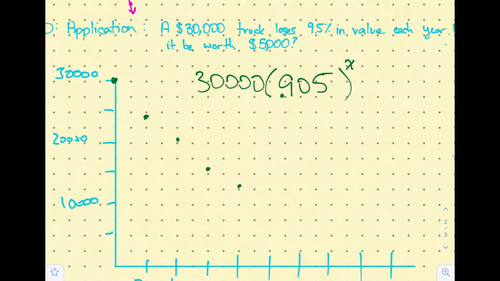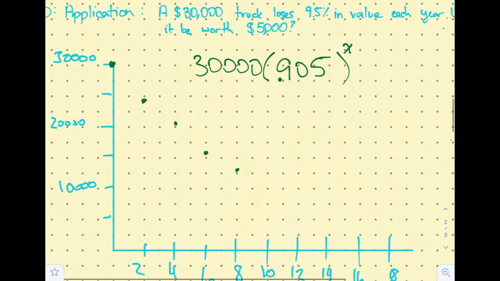Right? It should be slowing down as we go. After 10 years, we're still above 10,000 at 11,000 or so. After 12 years, we're at 9,000. After 14, we're at 7. 16, we're at 6. So it's probably going to happen somewhere in the near future. At 18 years, we are just a hair below $5,000.